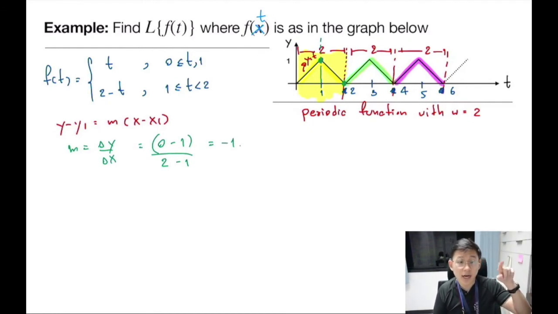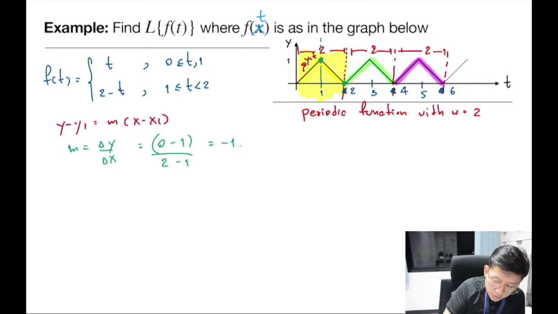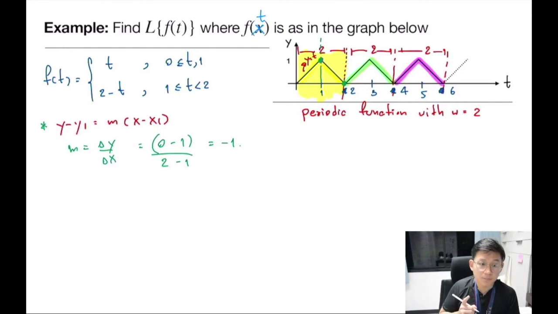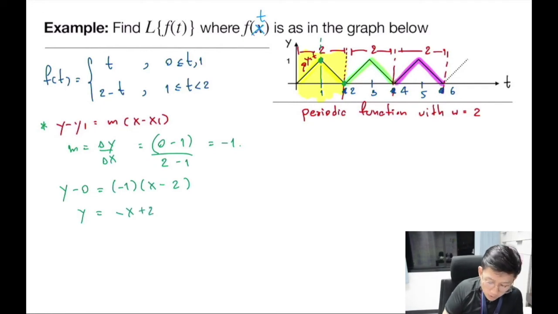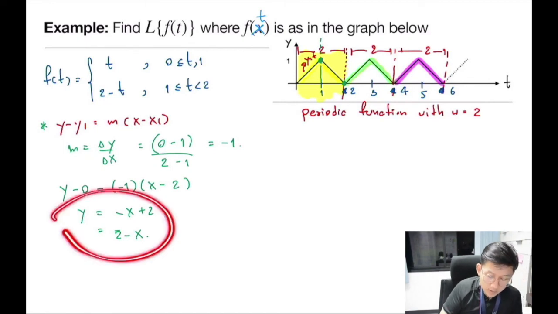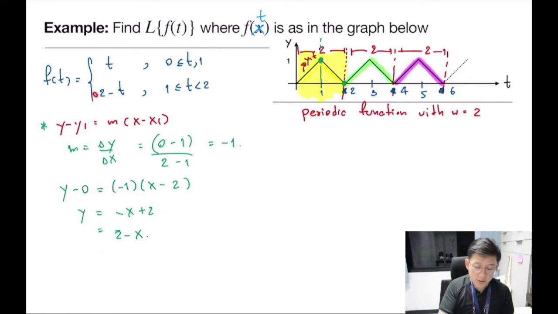Guys, this is high school mathematics. If you want to create a function y, you need at least one point. So I pick this point, which is 2, 0. So it's going to be y minus 0 equals minus 1 times x minus 2. So y equals minus x plus 2, or 2 minus x. But right now our x is t, so we get 2 minus t.